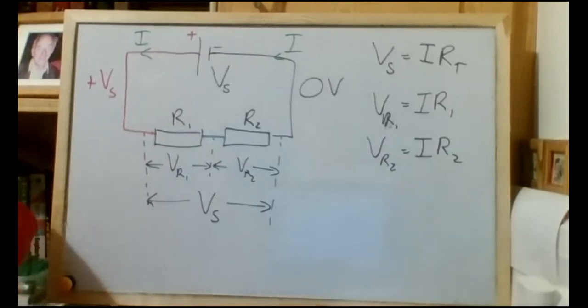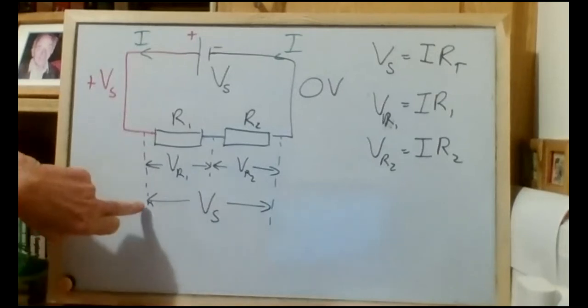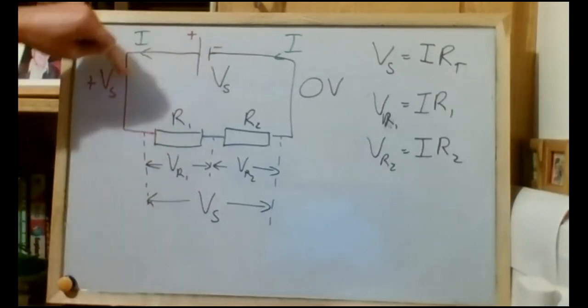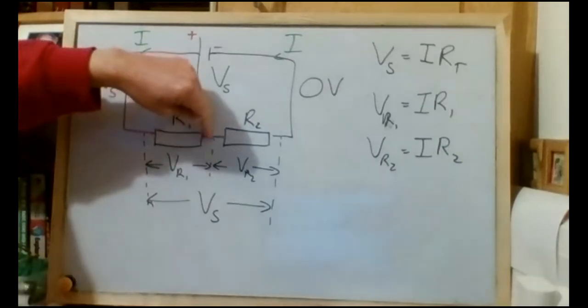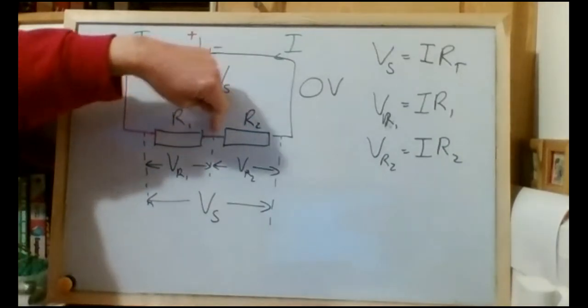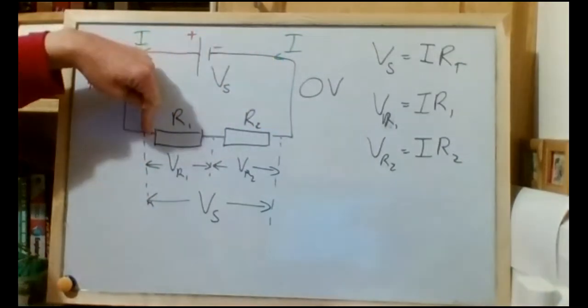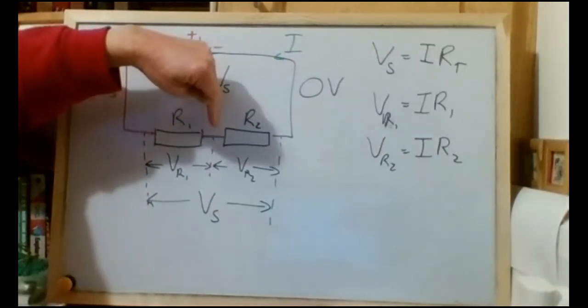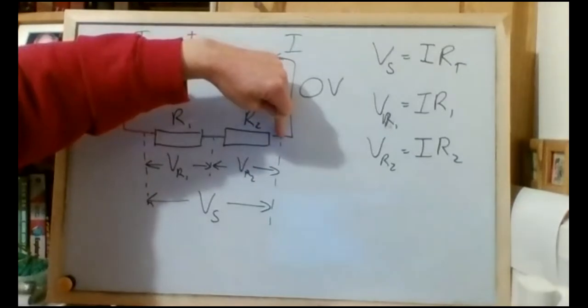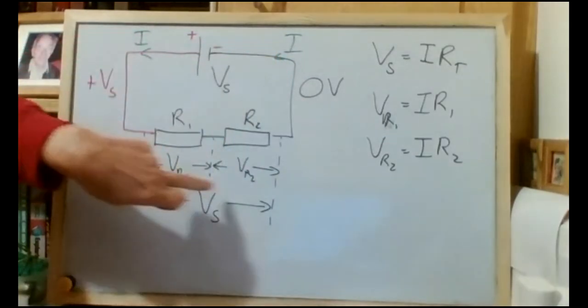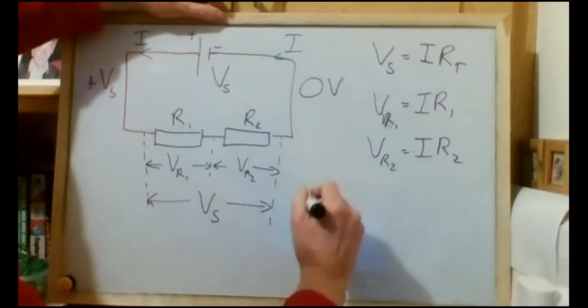Okay, now how can we use this? Hopefully you'll see that the electricity coming along here is going to lose some energy over R1 and then the rest of the energy over R2. So it's going to have a drop in potential here and then the remaining drop in potential there. So Vs equals VR1 plus VR2.